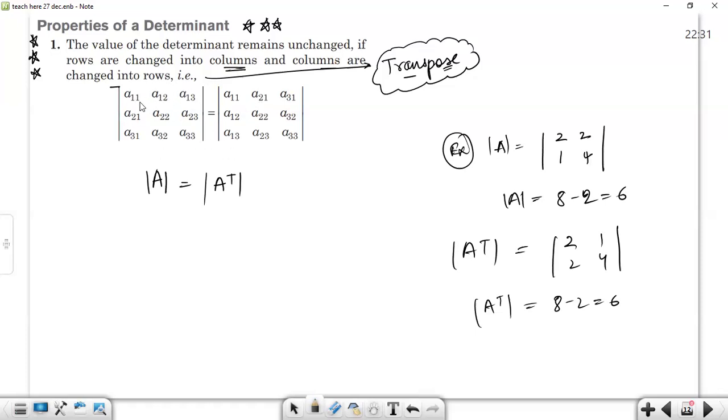You just have to consider the first row and make it the first column, the second row, make that the second column, the third row, make that the third column. So basically, it's the transpose of the given matrix. And the property says that the determinant of the matrix and the determinant of the transpose of the matrix will be equal. Clear, everyone?